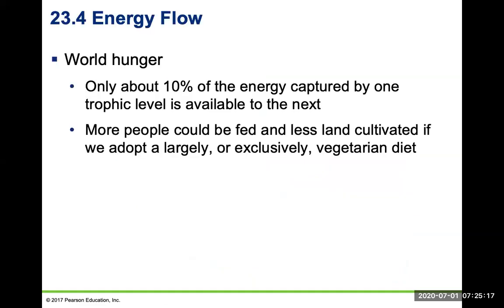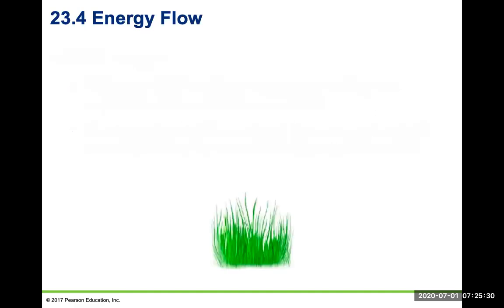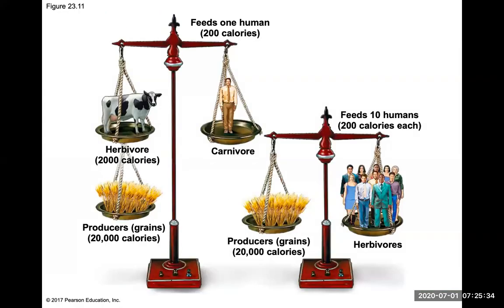World hunger: only about 10% of the energy captured by one trophic level is available to the next. So more people could be fed and less land would be used if we adopt a largely or exclusively vegetarian diet. And this is a great video on energy flow. So if we look at carnivore versus herbivore producers, if we look at totally grain, it can feed about 10 humans.